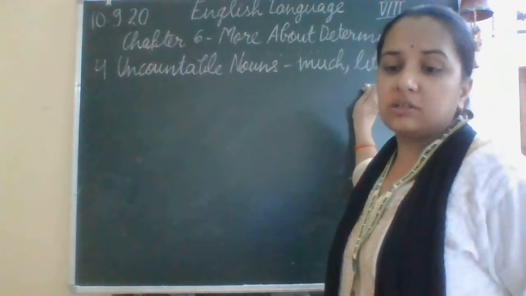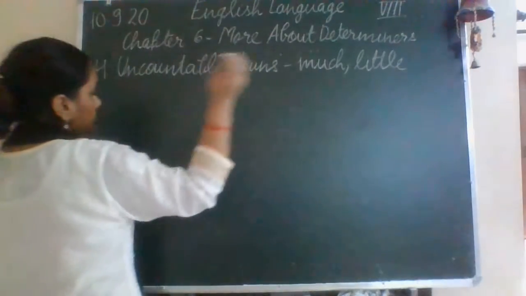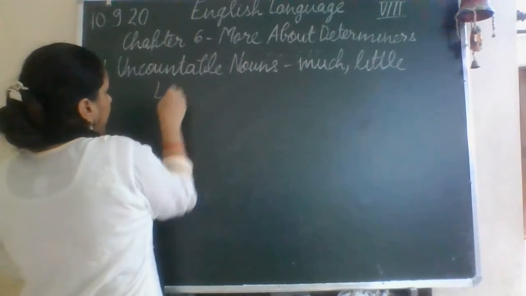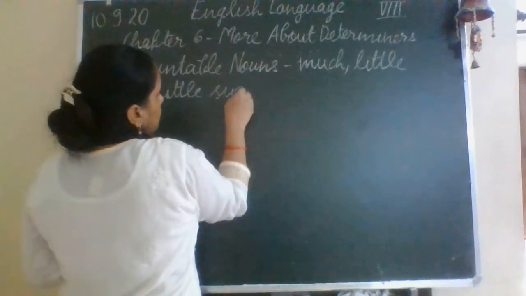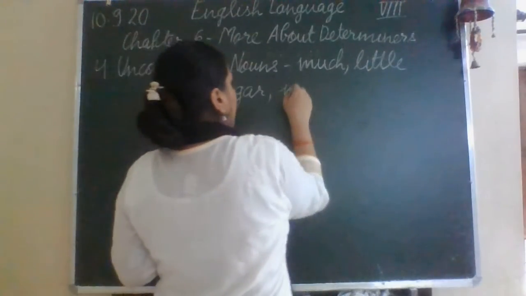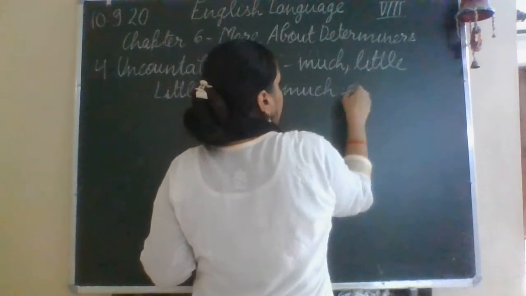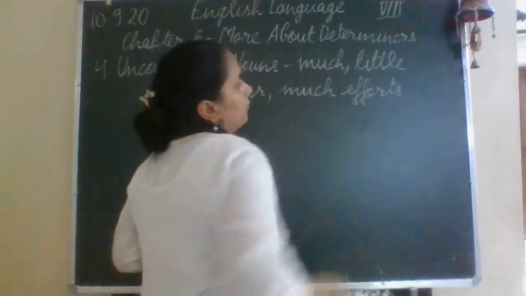Much and little will be used with the uncountable nouns. Little sugar. Much effort. What is effort?